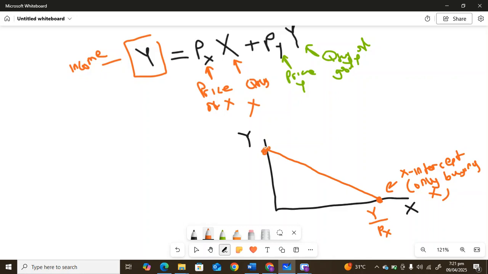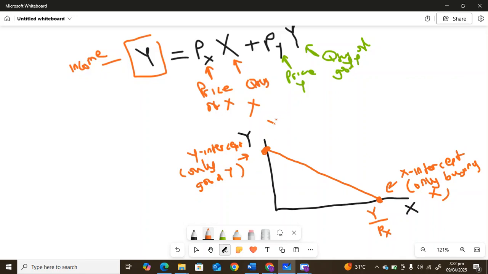We also have our y-intercept here. Here, you're only buying good Y. So that's our y-intercept.